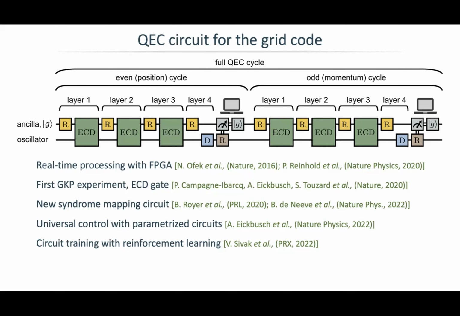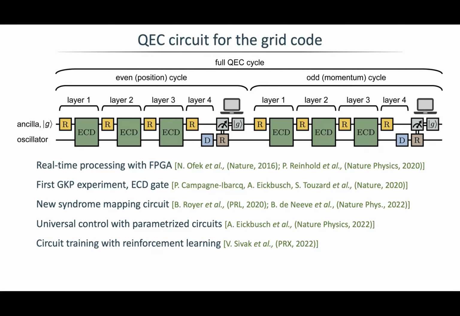Feedback here involves resetting the ancilla to the ground state and also implementing this virtual rotation gate on the oscillator, whose angle also depends on the measurement. And then there are 2 similar looking blocks which we call cycles. The full circuit realizes one full QEC cycle, and it takes about 10 microseconds.